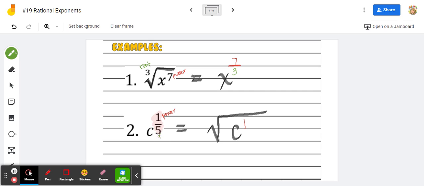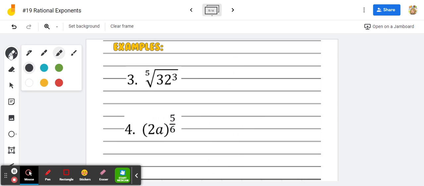The bottom of your fraction exponent represents the root. So we'd call that the 5th root of c to the 1st power. Now, if you have something to the first power, guys, you're okay with just leaving off that power of 1. It's okay. You can write it as just the 5th root of c. That is equivalent as well.